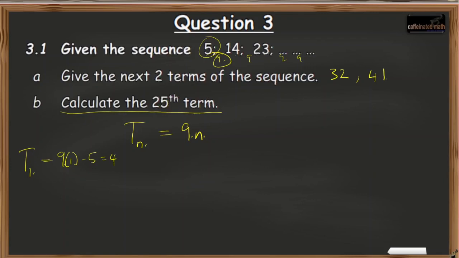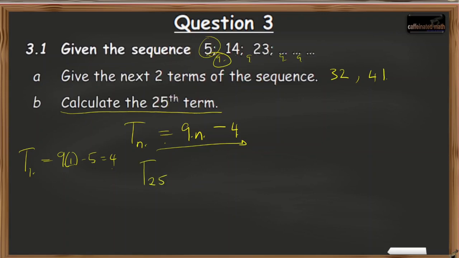The answer is 4. Well, that means I have to subtract 4 to get to 5, because that's the difference between 9 and 5. So that's our common difference, and that is one of the easiest mechanisms, mentally speaking, just to make sure that we get the correct general term.